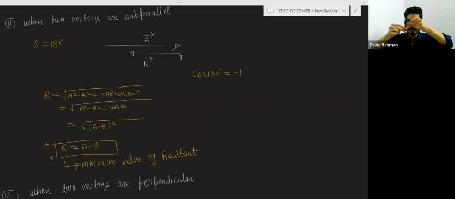So this is a body, and on this body, the forces are acting in the opposite direction.